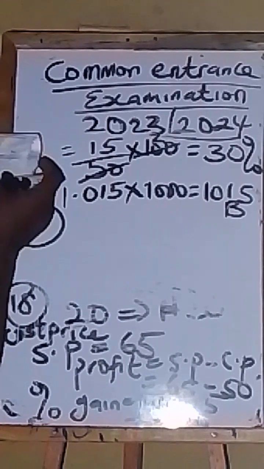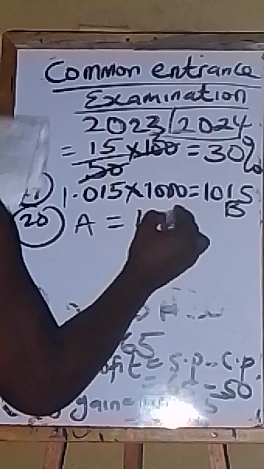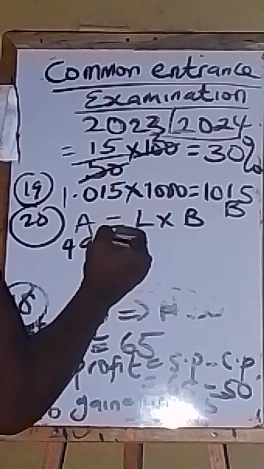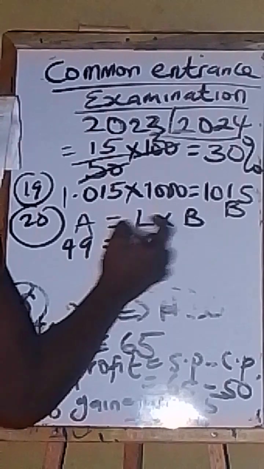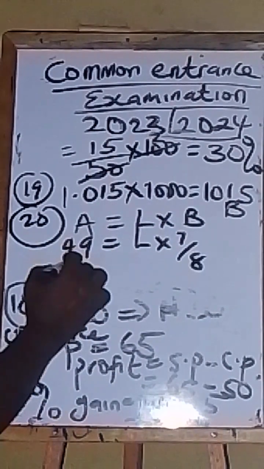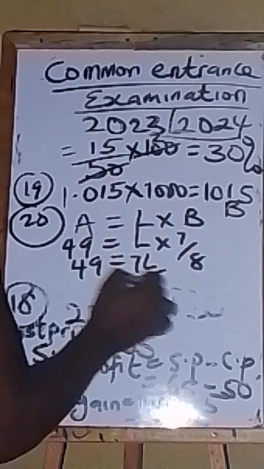Number 20. Area of the rectangle is length times its breadth. So we have 49 equals the length we don't have, n, times 7 over 8. So we have 49 equals 7n over 8.